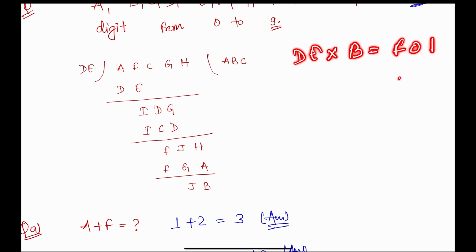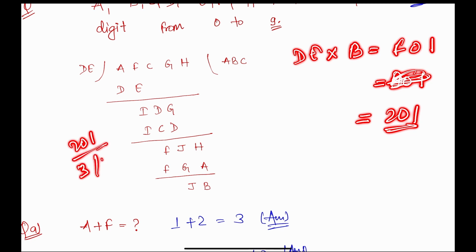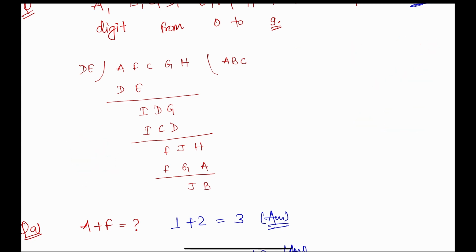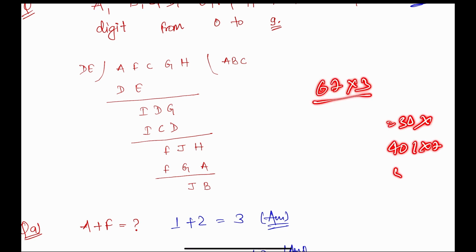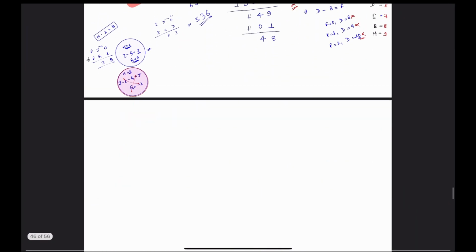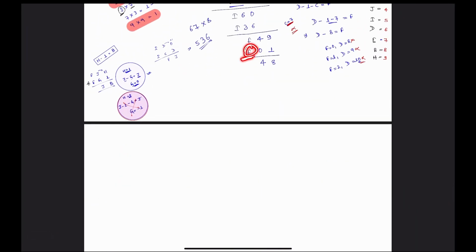We need to check 101. 1 is not possible, so 101 is removed. 201: is 201 divisible by 3 and 7? Of course it is, it's 67 into 3. Similarly 301 is not divisible, 401 not divisible, 501 not divisible, 601 not divisible, 701 not divisible. So likewise we can choose, and also find the value in a different way.